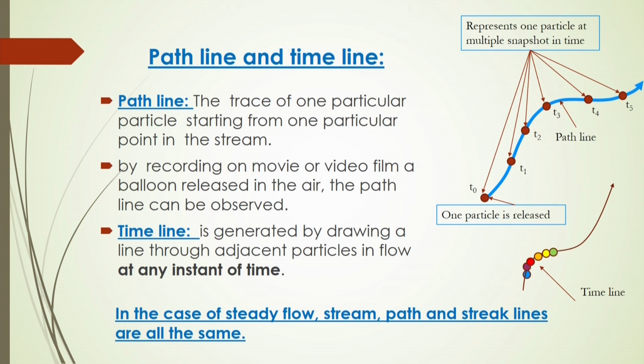This is the timeline: if you draw the line through the adjacent particles in the flow at any instant of time, then this will be your timeline. Now, in the case of steady flow, remember that the streamline, path line and streak lines all will be the same.